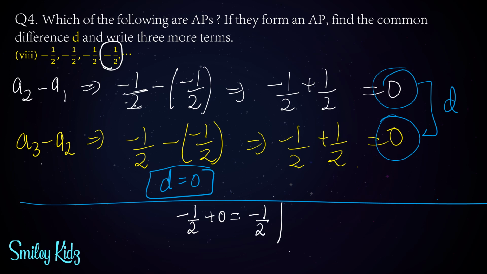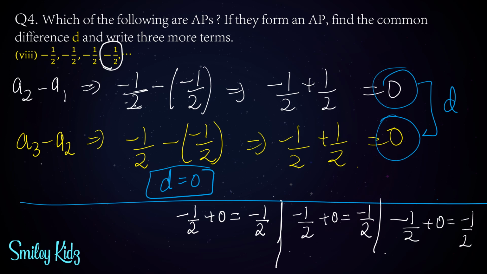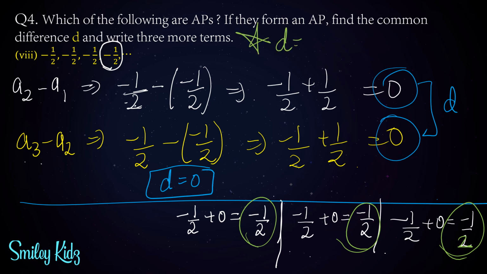Again the same procedure, minus 1 by 2 plus 0 is equal to minus 1 by 2. So the next three terms are minus 1 by 2, minus 1 by 2 and minus 1 by 2. And the common difference is 0. Make sure that you always know that the common difference can be 0.